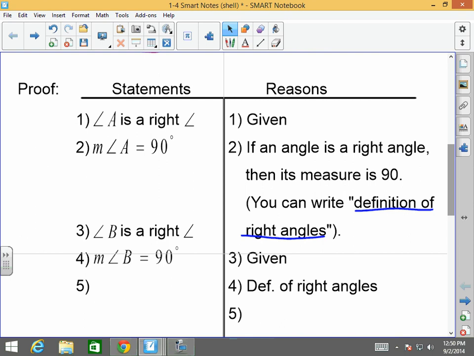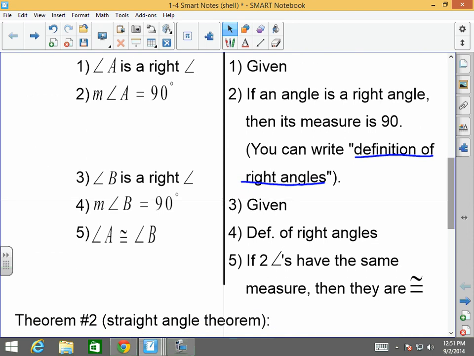That's simple. Now that we have defined and proven that angle A is equal to 90 degrees and angle B is equal to 90 degrees, what can we say about two angles that have the same angle measure? That they're congruent, and guess what, my brothers? That's my proof. Angle A is congruent to angle B. Why?